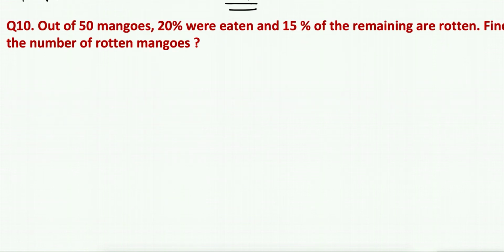Now let's take question number 10. Out of 15 mangoes, 20% were eaten and 15% of the remaining are rotten. Find the number of rotten mangoes.